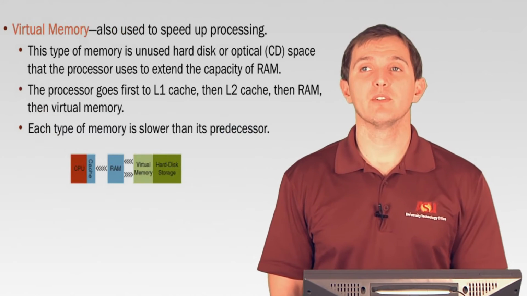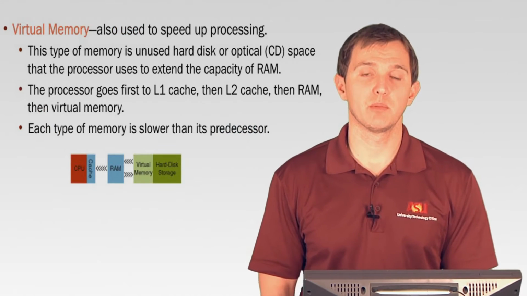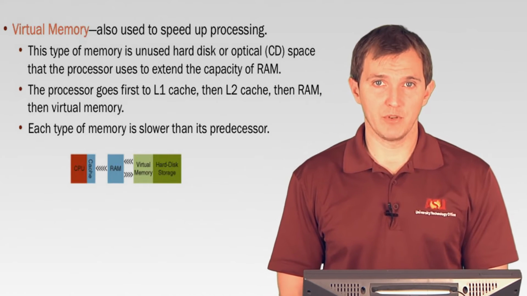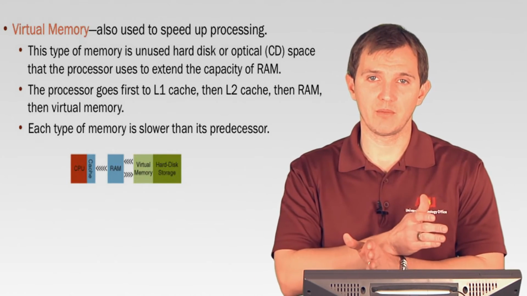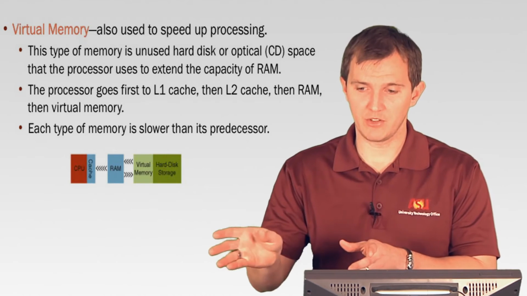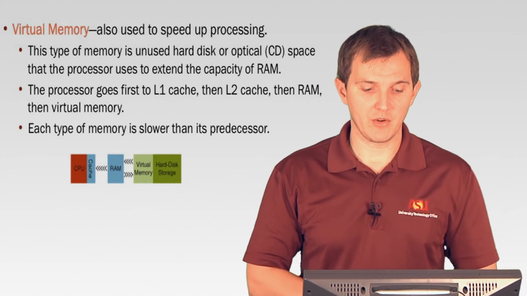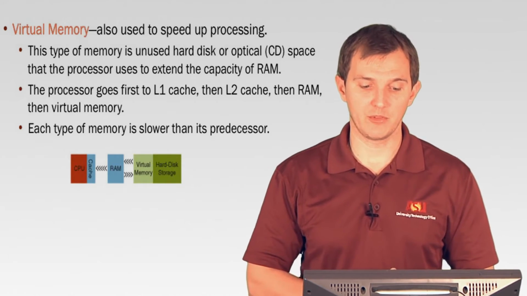Virtual memory is area on the hard drive that has been allocated to serve the purpose of RAM. So it's not really RAM, but we're using space on the hard drive instead to serve that function, so that data can be more quickly written to that space and then recalled. And as you can see here in this diagram, from left to right, each type of memory is slower than its predecessor.